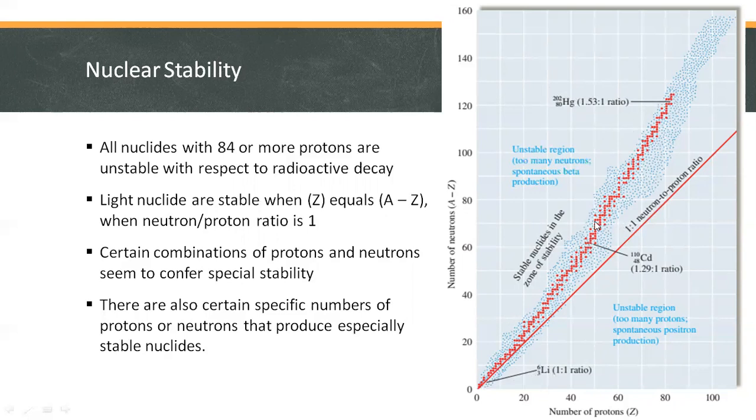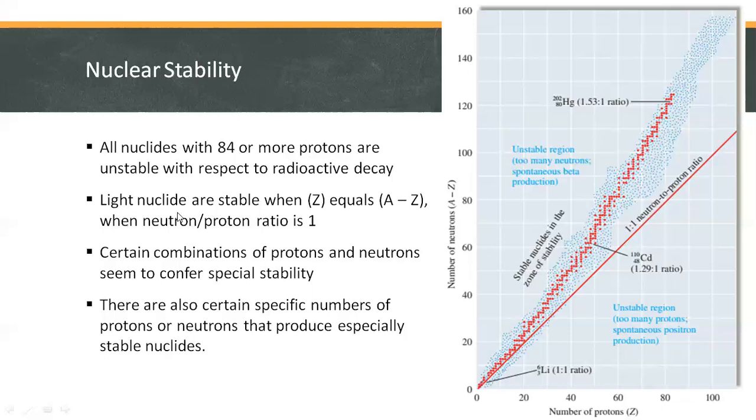Here are the important observations concerning radioactive decay. All nuclides with 84 or more protons are unstable with respect to radioactive decay.